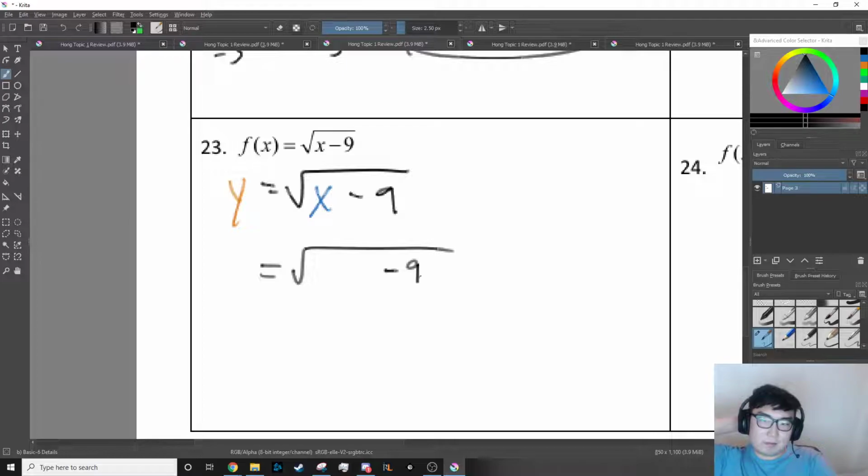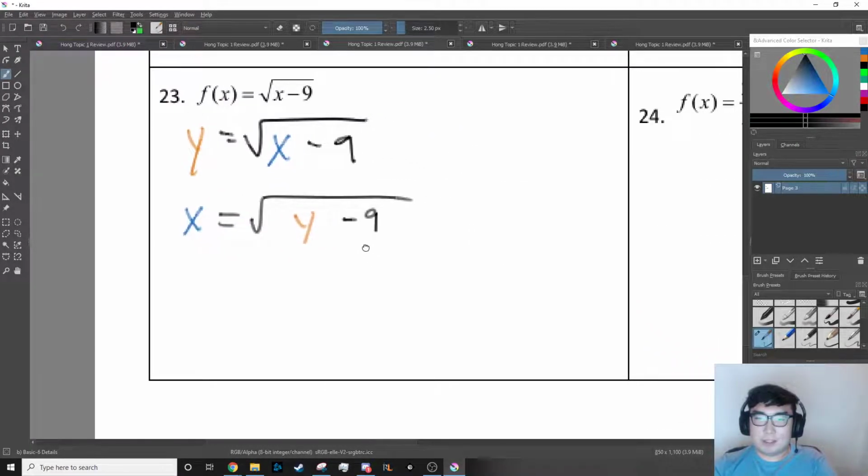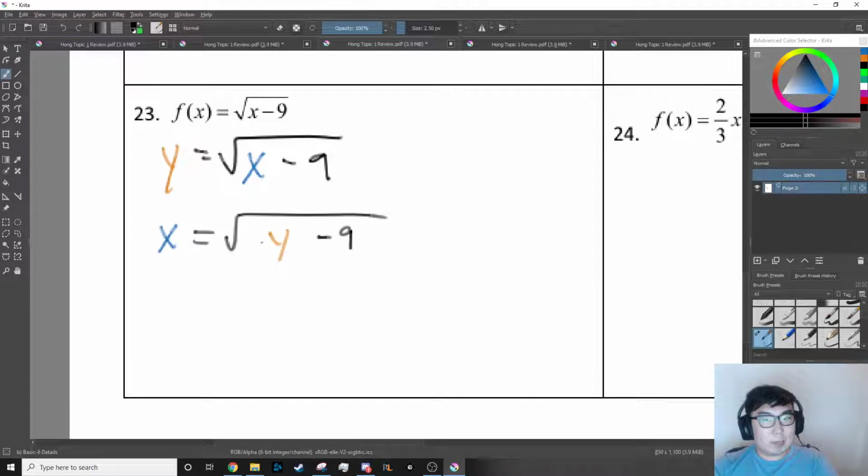And I'm just gonna write my black ones ahead of time because I didn't want to switch my colors, because you know it takes forever. And bada bing, bada boom. I did it. I switched my x and my y successfully. And now all I gotta do is get my y alone.